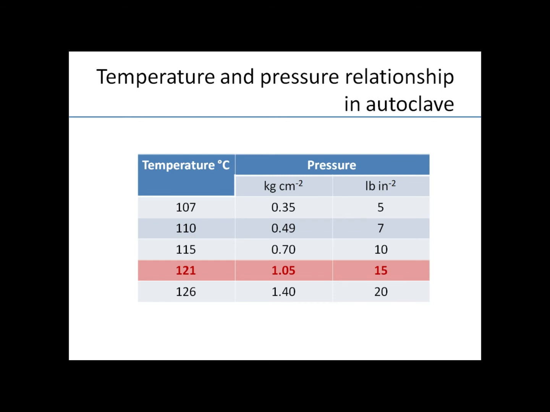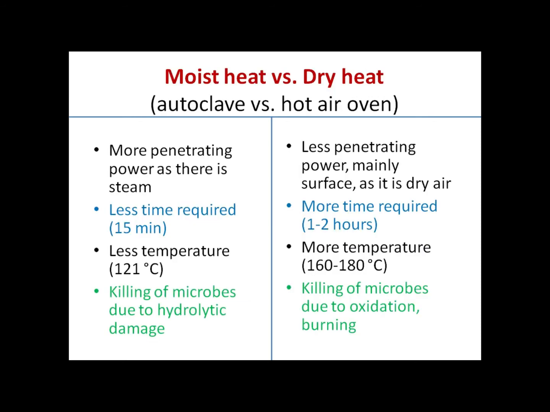So here in this table we see a relationship between temperature and pressure. And it was found that when the temperature is 121 degrees Celsius and the pressure is 1.05 kg per square centimeter, or 15 pounds per square inch, then it ensures sterilization. So autoclaving works with moist heat.